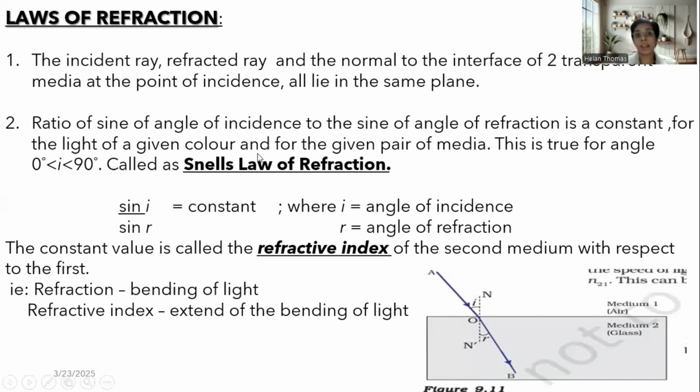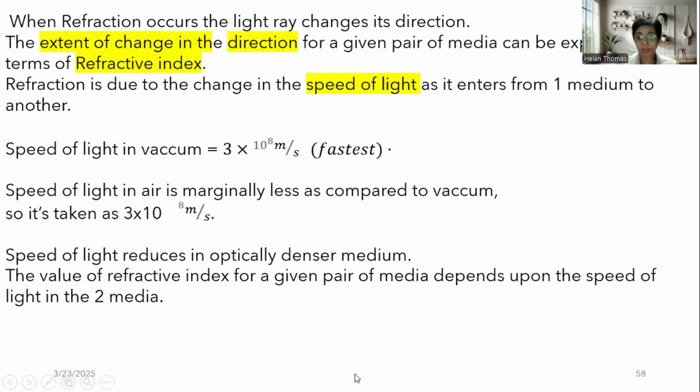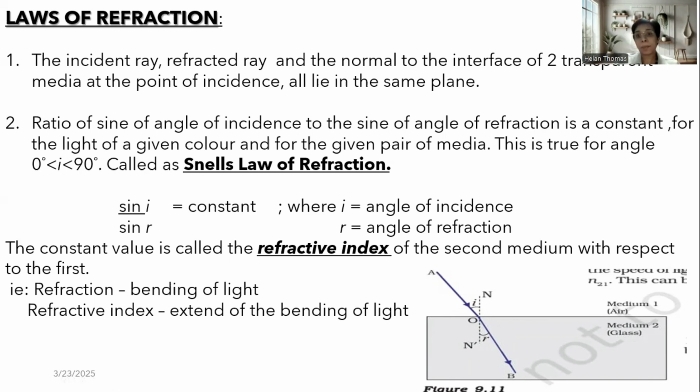So this law is known as Snell's law of refraction. This sin I by sin R, where I is the angle of incidence and R is the angle of refraction, is a constant, and this is Snell's law. And this is called the refractive index. When we say refractive index, it is a relative term. That is, we relate it to something and only then talk about the refractive index.